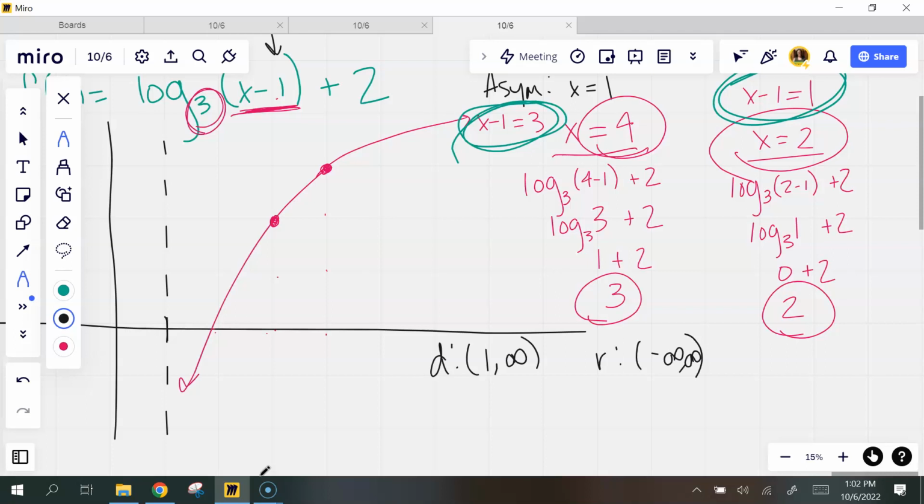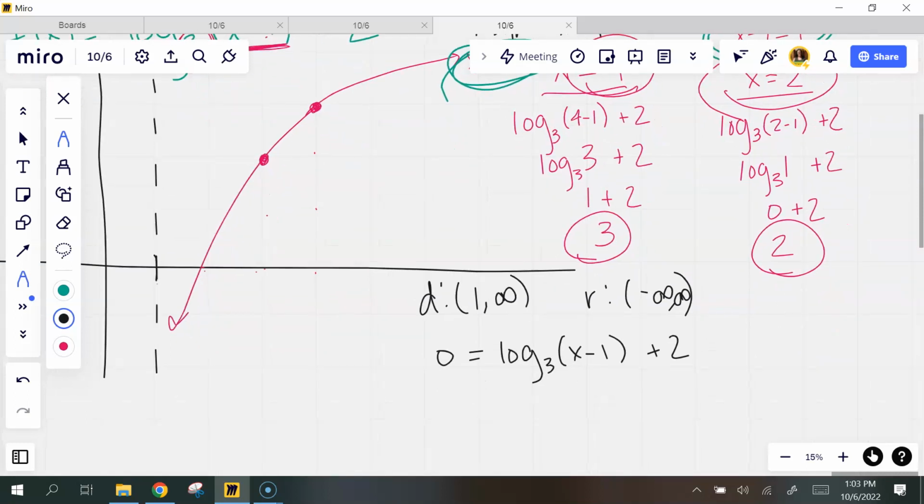Well, if I make it equal to 0, how do I solve that? Just solve it. That's what you said. Just solve it. Subtract the 2.